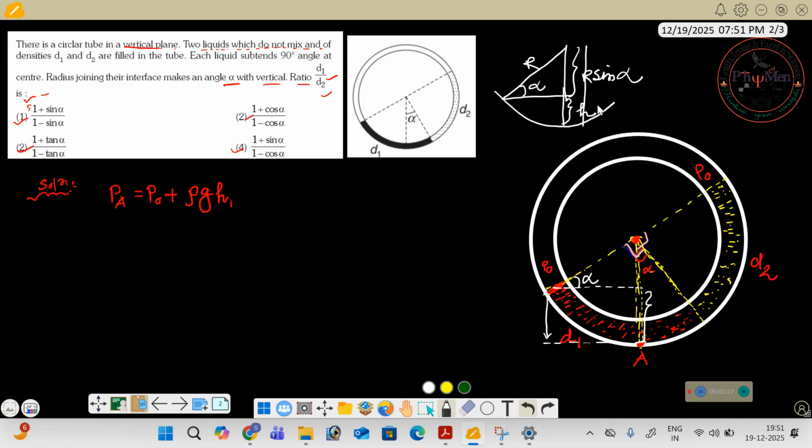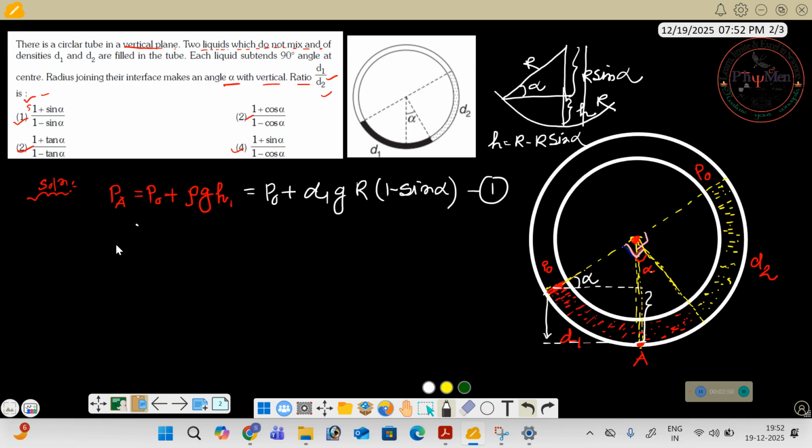This whole length is R, so height will be equal to R minus R sine alpha. So we can write this pressure as P0 plus D1 g R into 1 minus sine alpha. So this is my first equation.